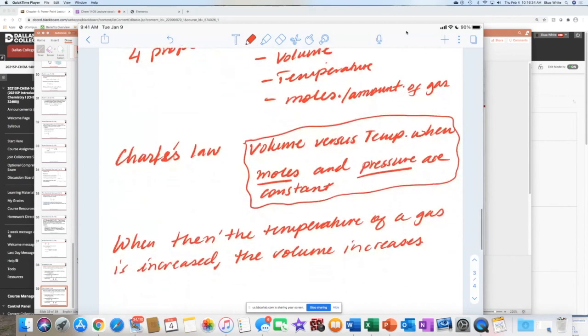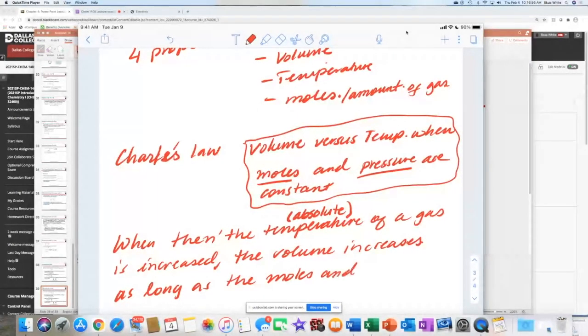So I need to add something here. This is supposed to also be absolute temperature, not just any temperature. It has to be absolute. Okay. So when the temperature, which is the absolute temperature of a gas, is increased, the volume increases as long as the moles and pressure are constant.